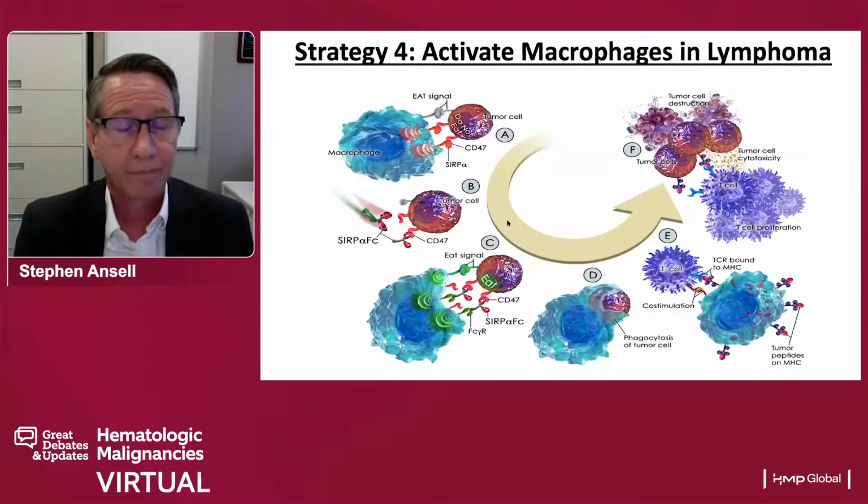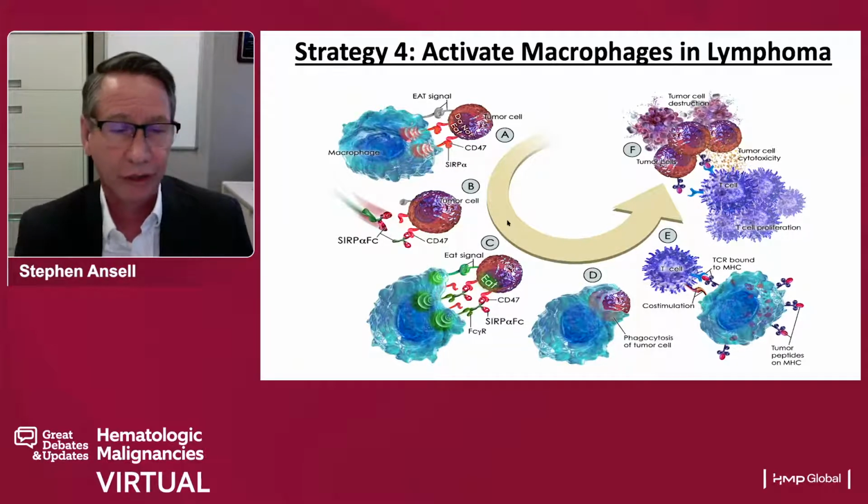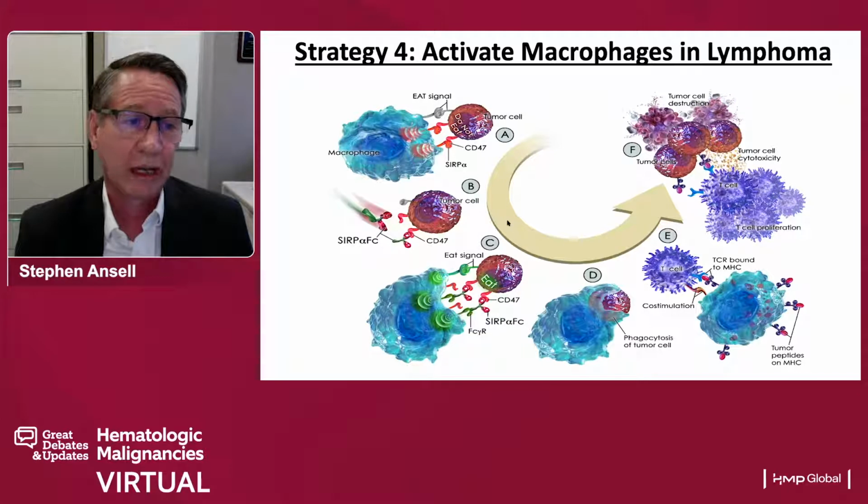A further strategy that's important is the utilization of macrophages to target tumors. Shown here is a macrophage in blue. You can see the tumor cell in red. Tumor cells will often express proteins on them that induce an eat me signal, but often will overexpress CD47, which also provides a don't eat me signal.